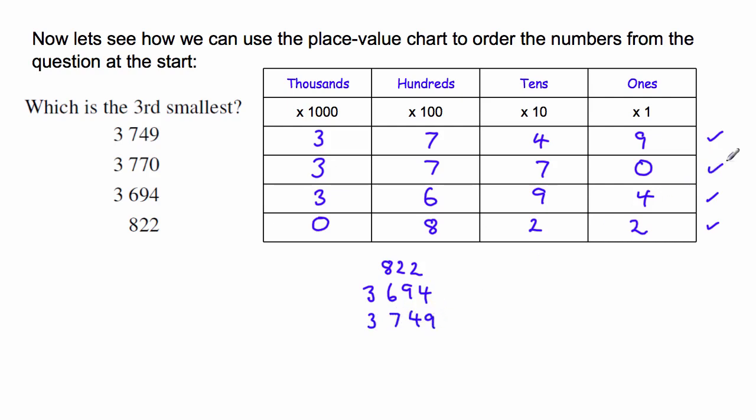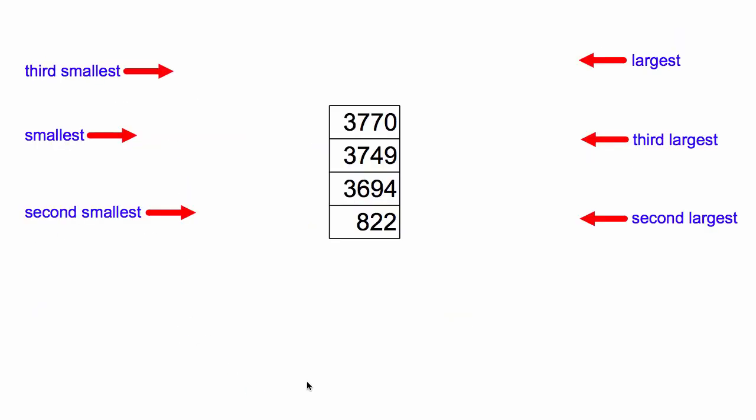So finally we can write our biggest number, which would be 3,770. So there's the smallest number, the second smallest, and note we want the third smallest number, so there it is, the third smallest, and this would be the largest. So our answer for this one is 3,749.